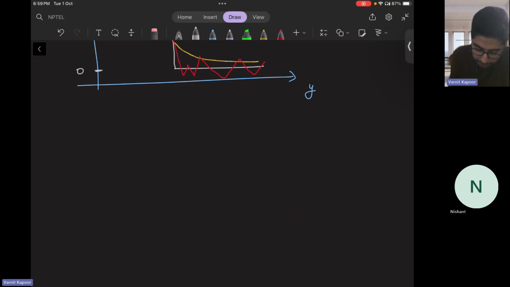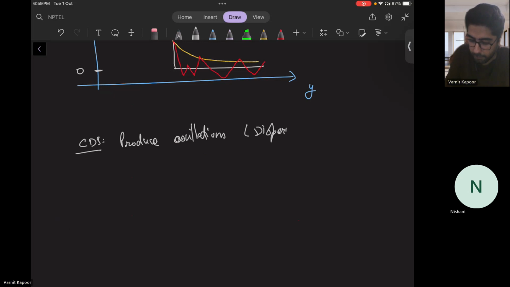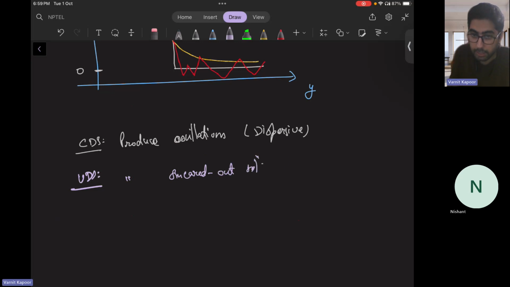When CDS is used, we say it produces oscillations, that is dispersive, whereas when UDS is used, it produces a smeared out solution, that is nothing but diffusion. This can be explained using a model equation.